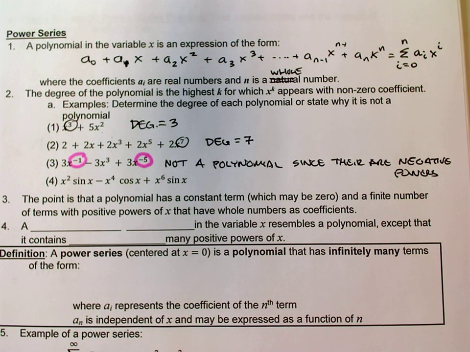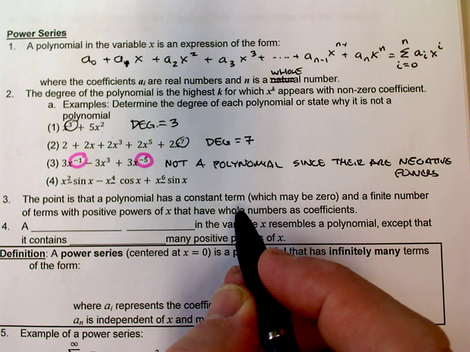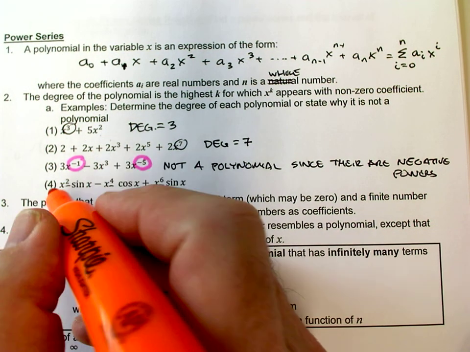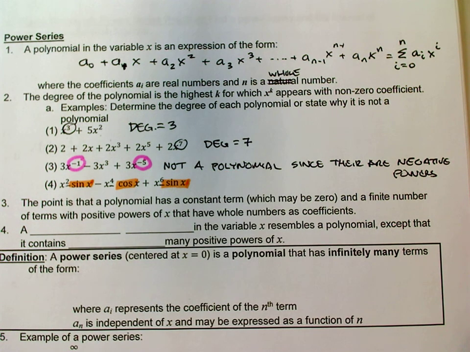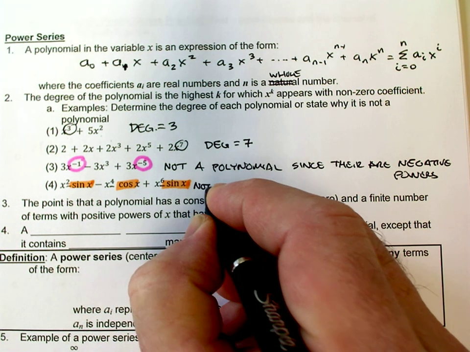The next one, you can see we have 2, 4, and 6, but we have that x squared times a sine, a cosine, and a sine, and that is going to cause this not to be a polynomial.